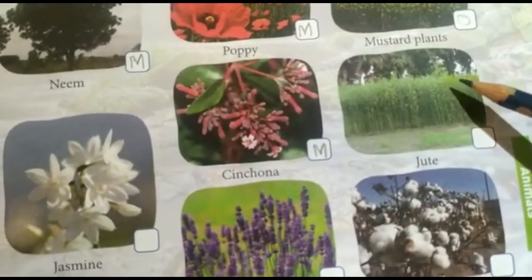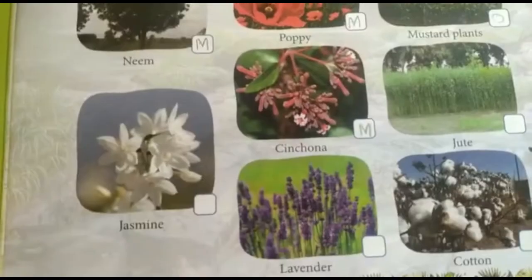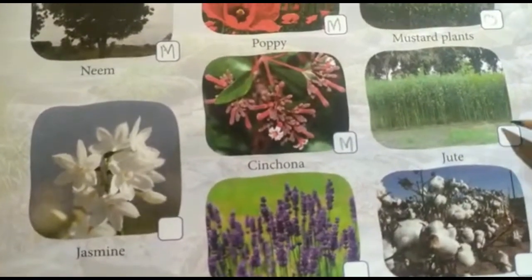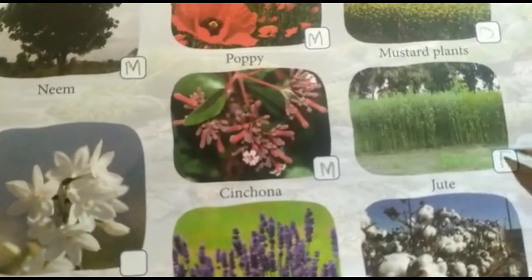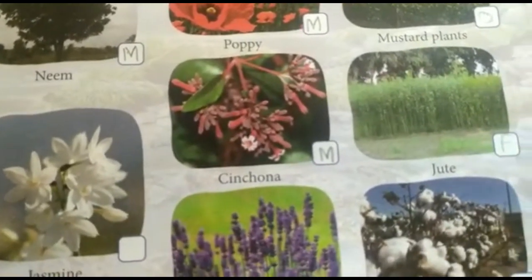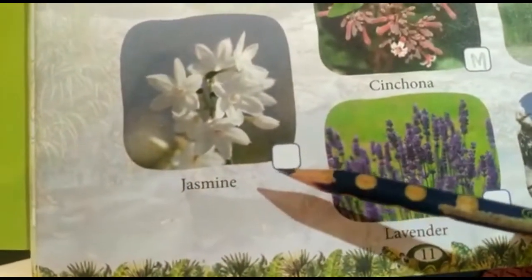Next is what? Jute. Jute, what do we get from here? With jute we get fiber. We get jute bags, right, which are commonly used by all of us. So we get fiber. We write here F. Next is this flower, jasmine.